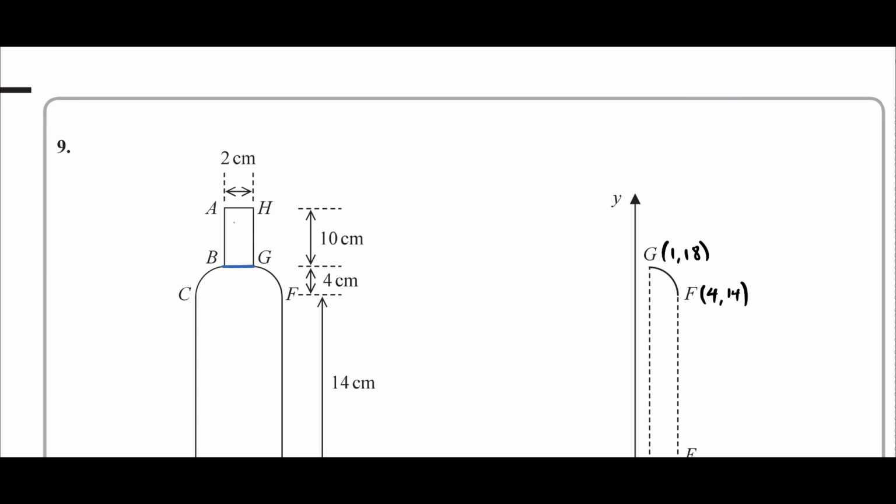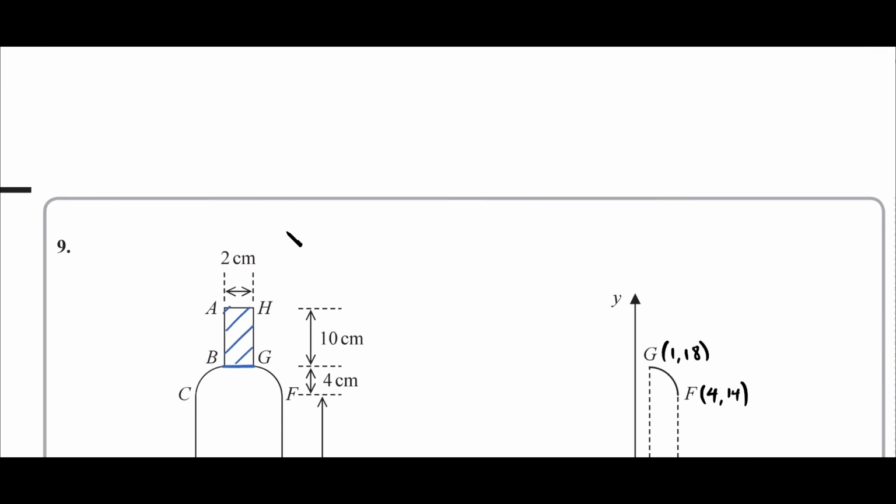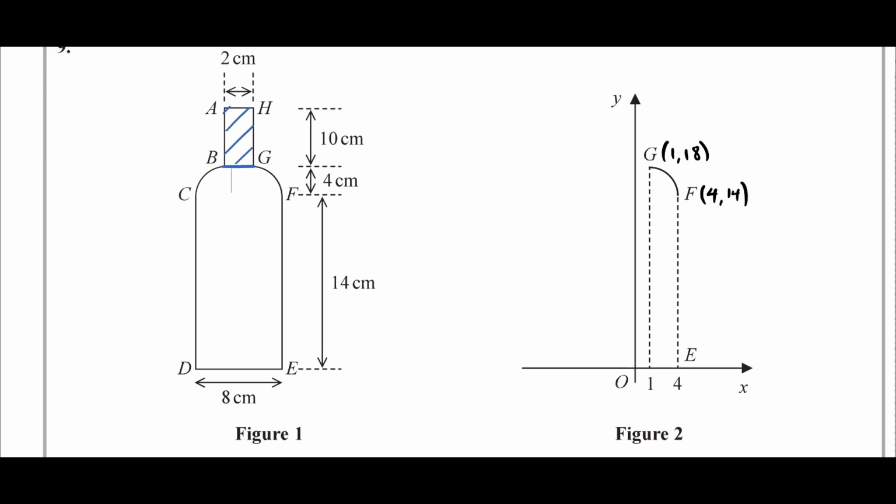We've got this first cylinder, just shade this in, which we can find the volume of. And we've got this second cylinder, which I'll shade in red, which we can also find the volume of. Okay, so let's just shade this in.